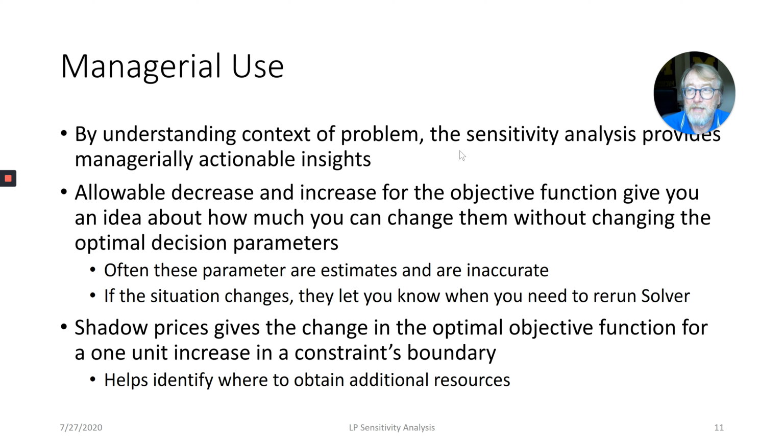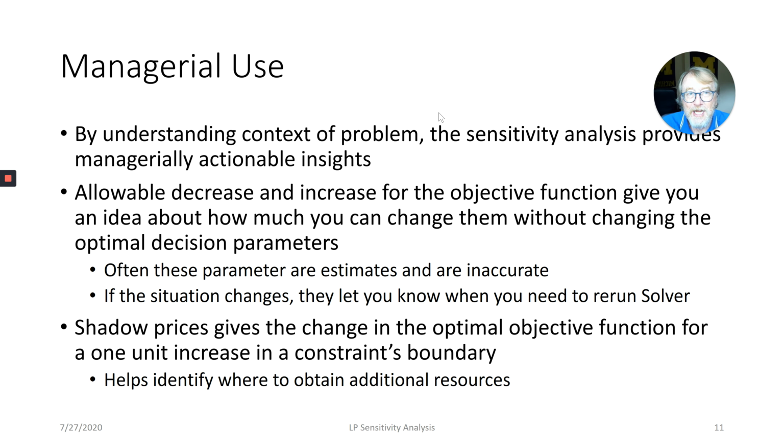This sensitivity analysis can be very useful to you as a manager. Okay? It's not some weird remote thing that only techie persons do, but it can be extremely useful in running your operations. And so, it helps you understand the problem a little bit more. We did two things: allowable increase and decrease for the objective function.